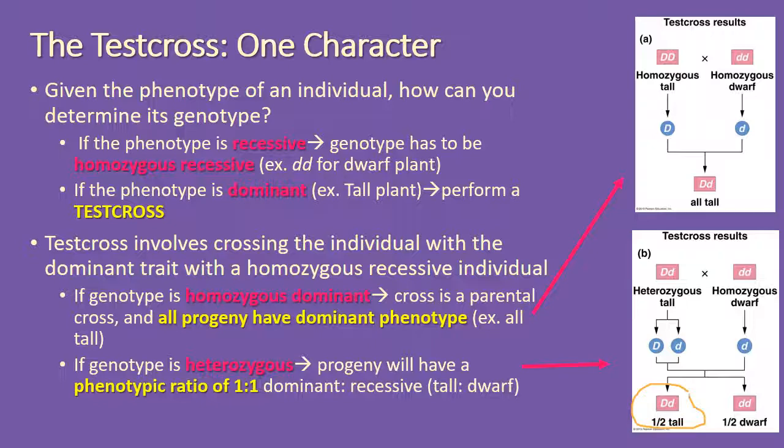Half of them will be tall and half of the plants will be dwarf, and so you'll get this 1-to-1 ratio. And so that's how we know. If you do the cross and you end up with a 1-to-1 ratio of tall to dwarf plants, then you know that that original tall plant was heterozygous. And that's called a test cross.